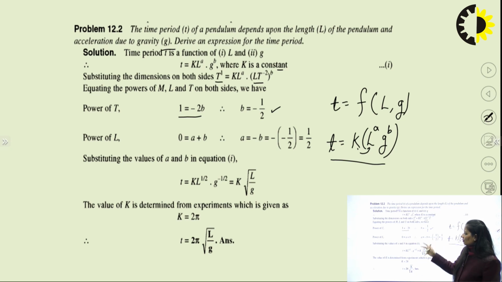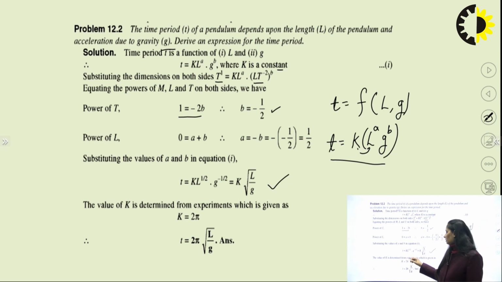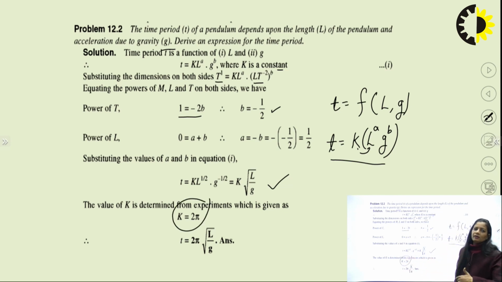Now substitute the values of a and b in the equation. You get t equal to k L to the power half multiplied by g to the power minus half, which equals k root over L by g. The value of k is determined from experiments. If the equation is given with a constant value, you can write k equal to 2 pi.